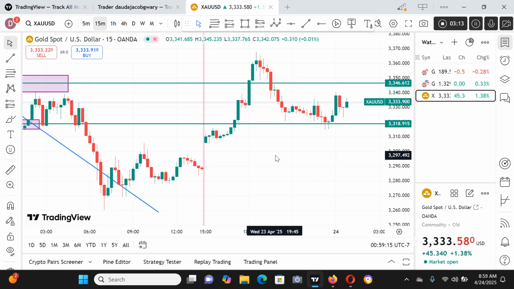Traders often use psychological levels to plan their trade, setting entry and exit points around these levels to capitalize on expected market reactions. Understanding psychological level can help traders anticipate potential market movement and make more informed trading decisions. They are a key component of technical analysis and are often used in conjunction with other indicators and analysis techniques.